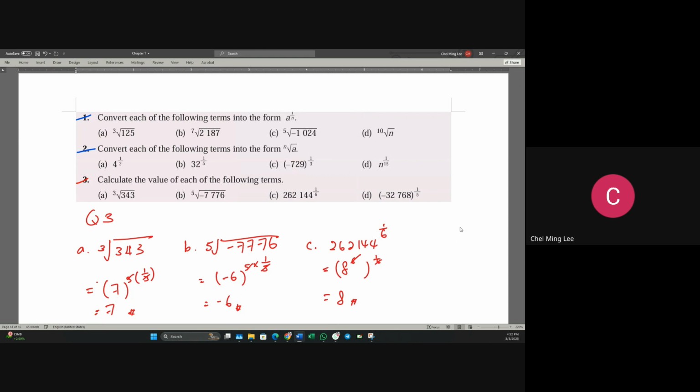Correct? And the negative 32768 to the power of 1 over 5, this one I think is also negative 8 to the power of 5, times 1 over 5. So after we take it out, it becomes negative 8. Okay?